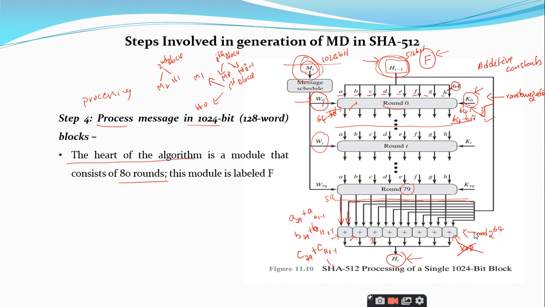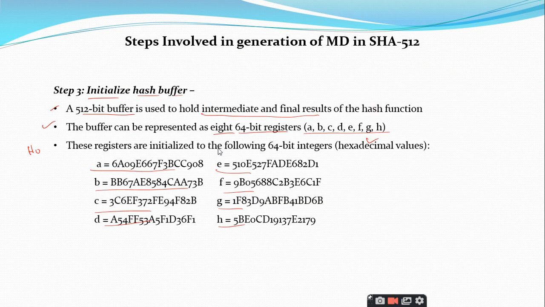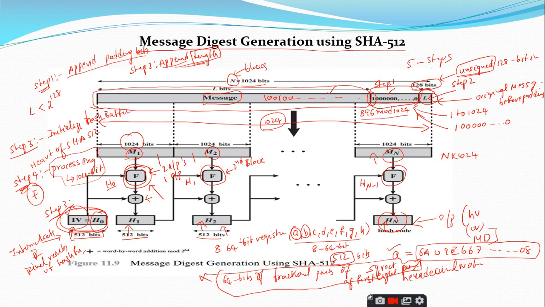And the last step is nothing but the output. After all N 1024-bit blocks have been processed, the output from the nth stage is the 512-bit message digest. Don't get confused, this is not the final output. This is the output of the first block processor, and this is the output after processing the second block.